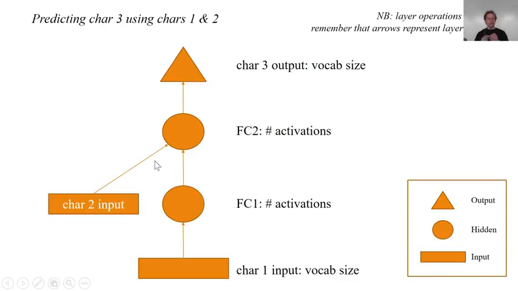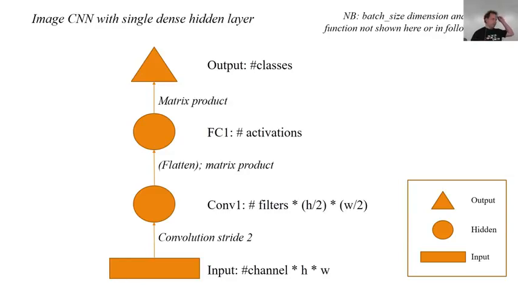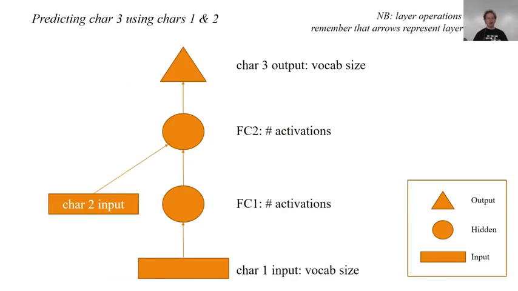All right. Now let's jump to the first one that we're actually going to try to create for NLP, and we're going to do exactly the same thing as here. We're going to try to predict the third character in a 3-character sequence based on the previous 2 characters.